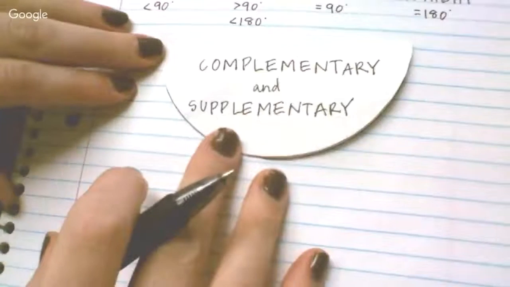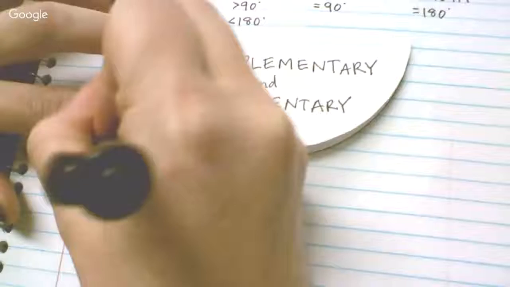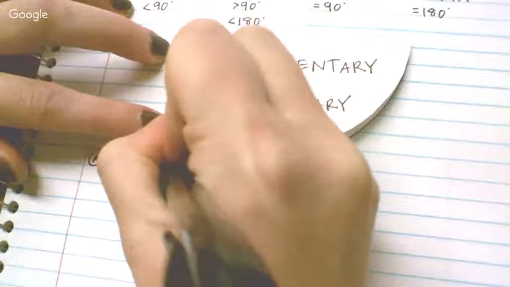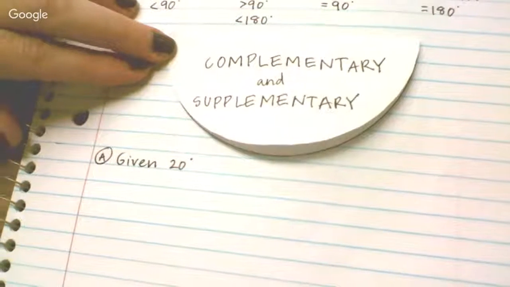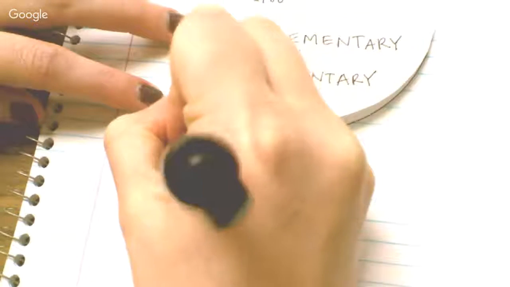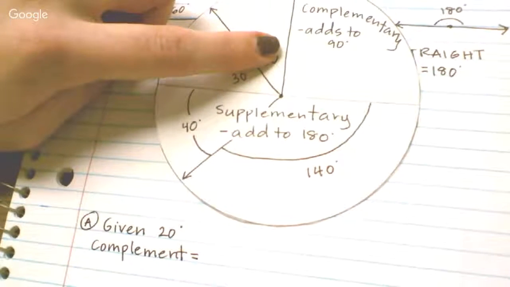We'll talk about a couple of examples. So the first one, let's say we're given 20 degrees. The complement, so complement, remember we just looked, adds to 90.